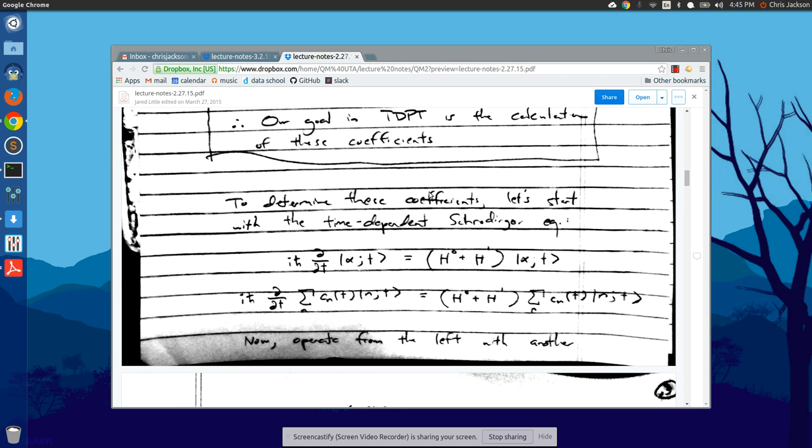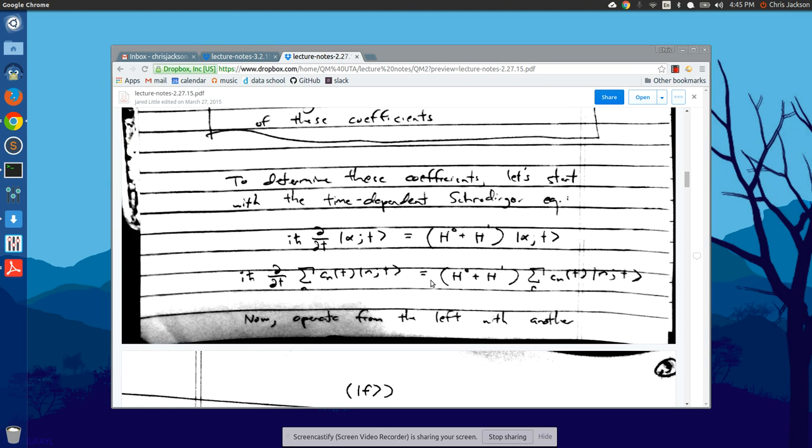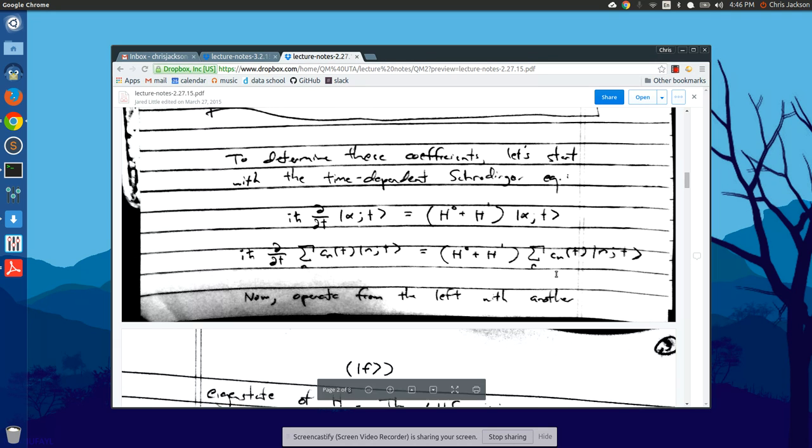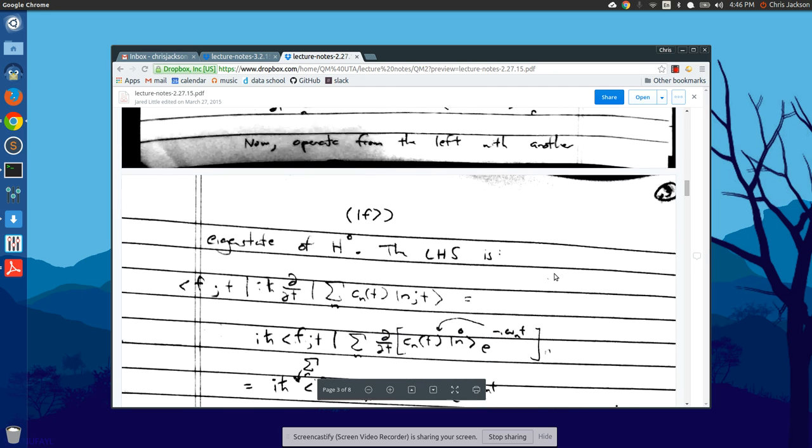So we were trying to determine these coefficients. We started with the Schrodinger equation for some general state alpha that has some time dependence t. We expanded this state in our usual way, with some time dependence in these coefficients.